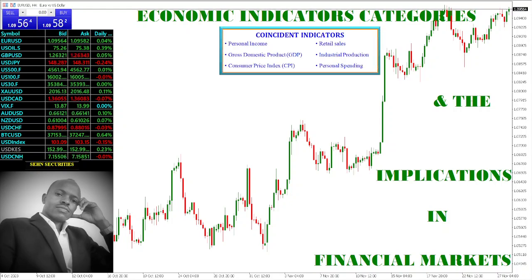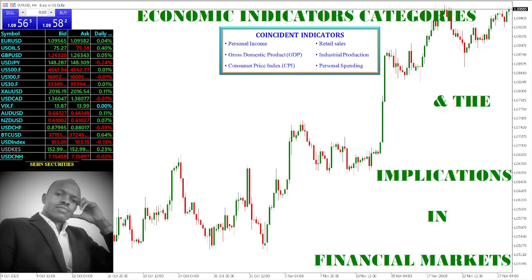The final economic indicator category is coincident indicators. Basically, we have to mention that coincident indicators are statistical indicators that usually change simultaneously with general economic conditions.